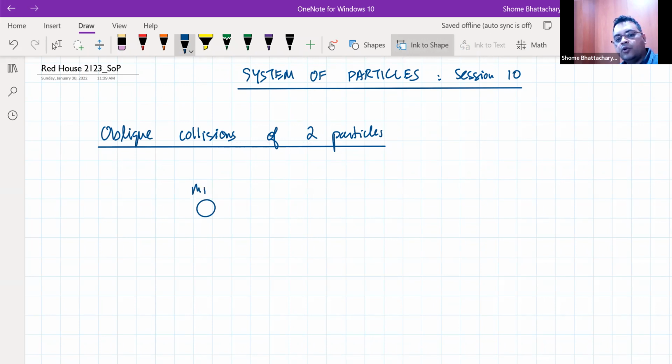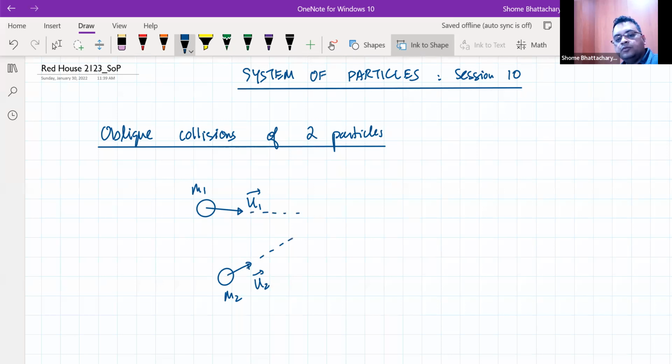So if we have a body m1 going at velocity u1, and another body m2 or particle m2, which we can treat like a tiny sphere, moving at velocity u2.